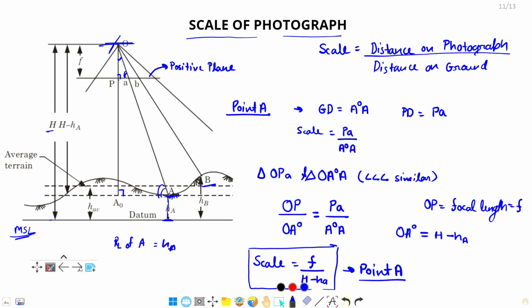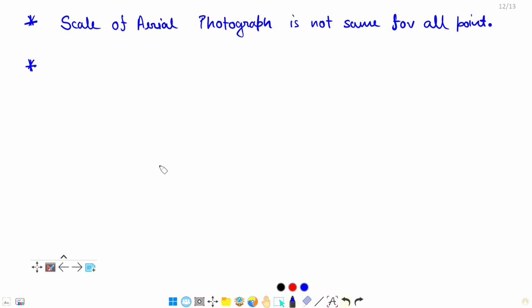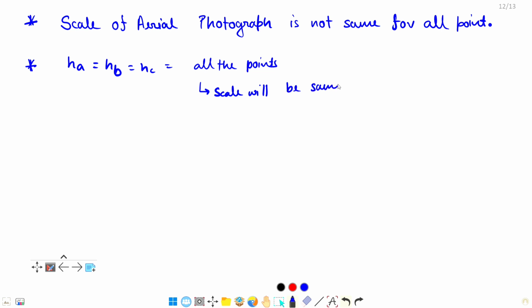So in such a case what will happen? HA equal to HB. Every point will be at the same height. Then in such a case HA equal to HB equal to HC, and for all the points their RL value will be the same. Then in this case scale will be the same for all points.